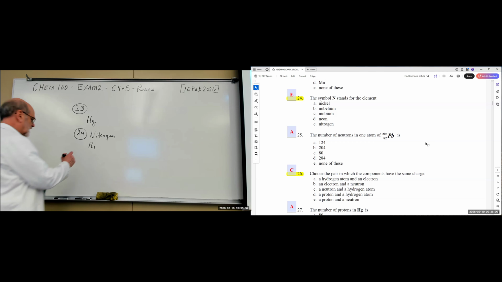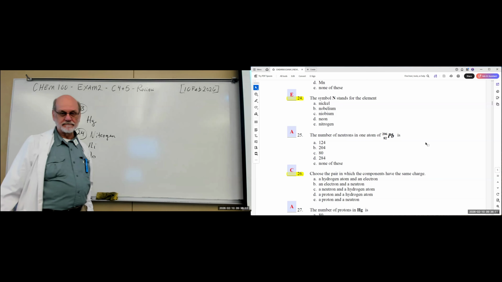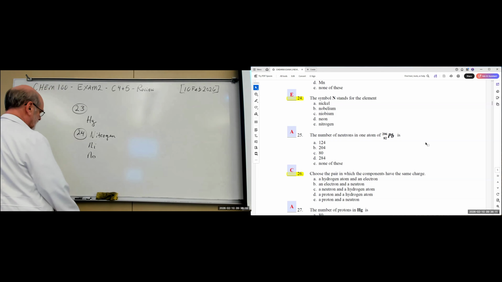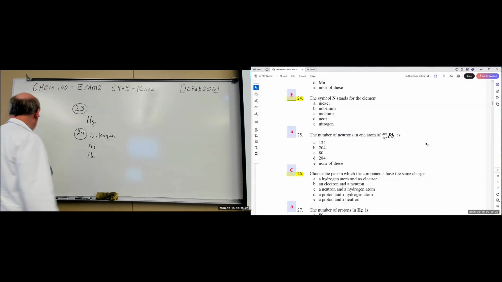NO. NO is nobelium. Niobium is not Ni, that's nickel. So we have to go to a different second letter for niobium. And let's see if I can find niobium.